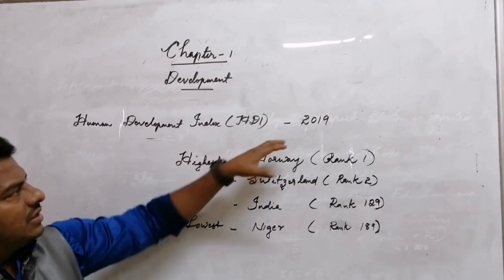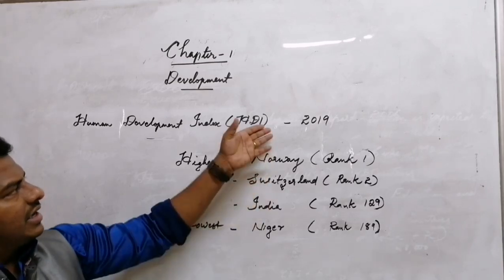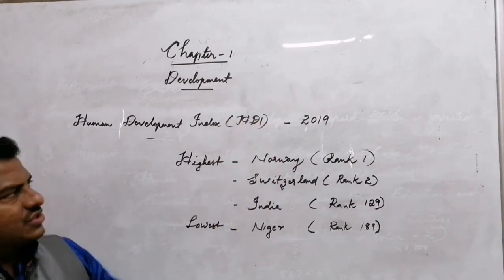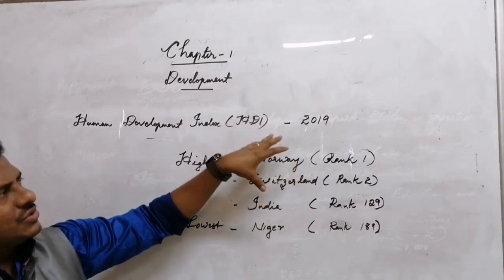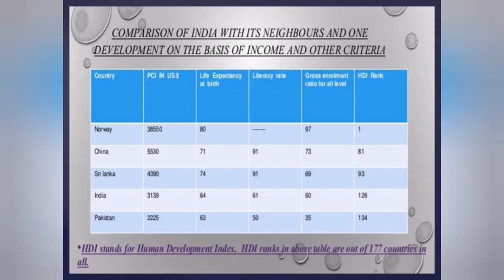That means this is the latest data regarding HDI, Human Development Index, and this data is used to measure the economic development of a country. This is a graphical representation of the comparison of India with its neighboring countries on the basis of HDI rank.